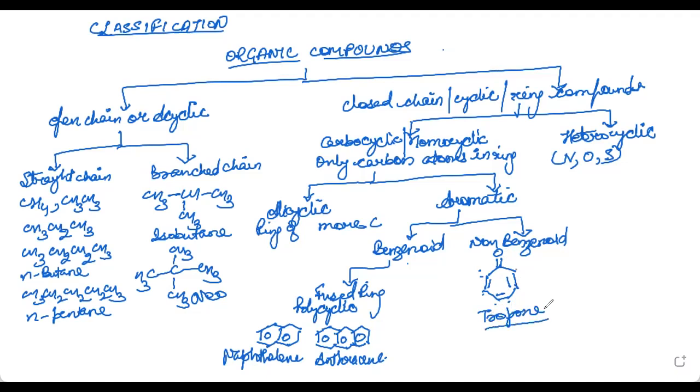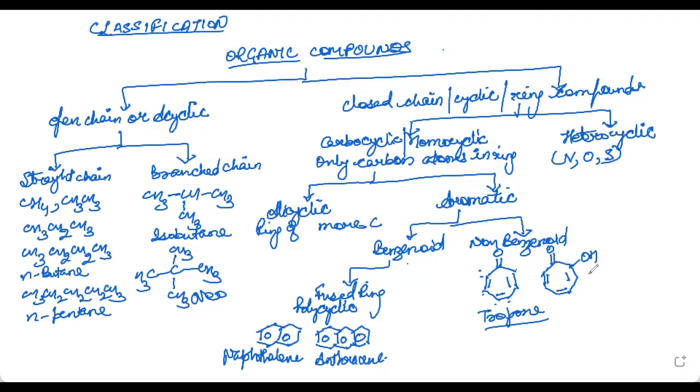So this is tropone. Now, if there is an OH group attached to the ring, so there should be 7 members. Just count it and draw it neatly.